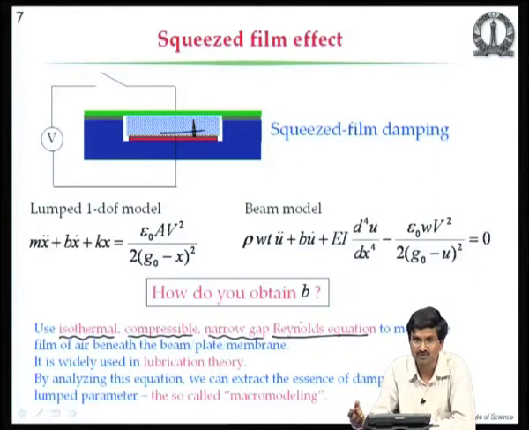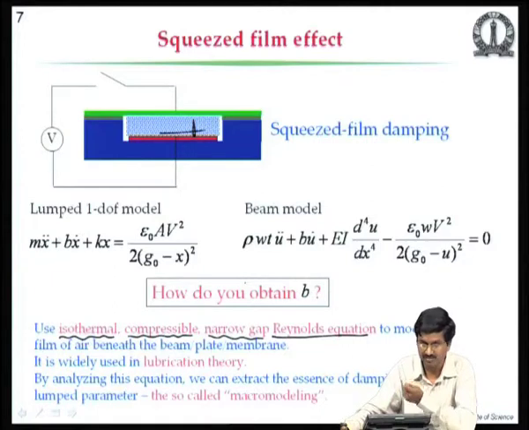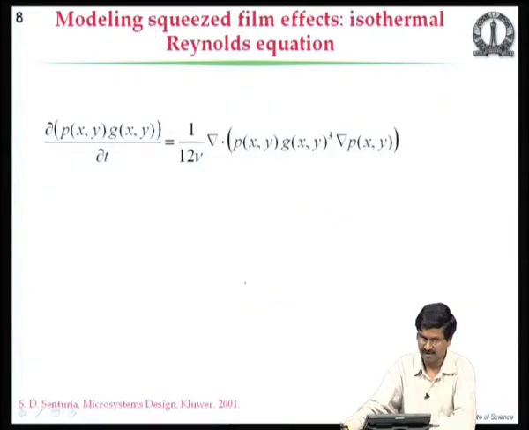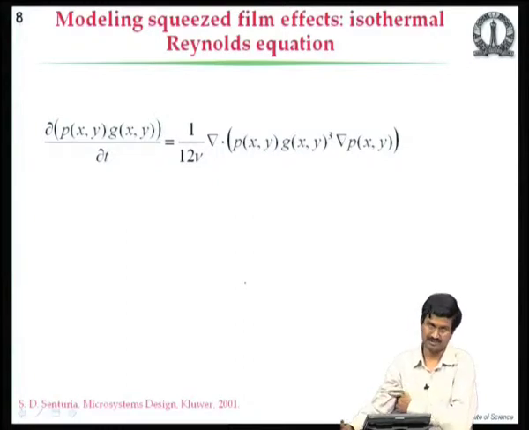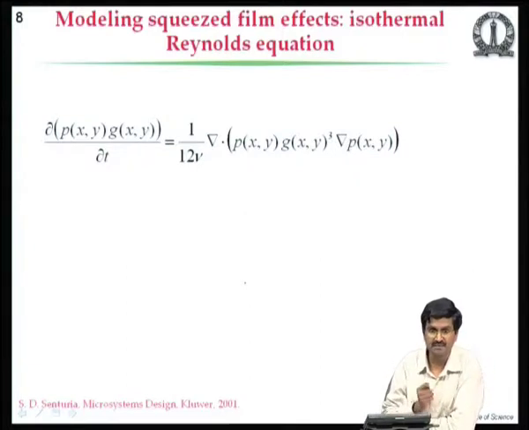There are a lot of solutions worked out, and now we are using that to model the damping due to the squeeze film effect, and something else that happens besides damping is the squeeze film effect. Okay. Now, what is that Reynolds equation? So, here is the equation, looks a bit intimidating at first sight, but we will simplify it so that we can extract the B from it.